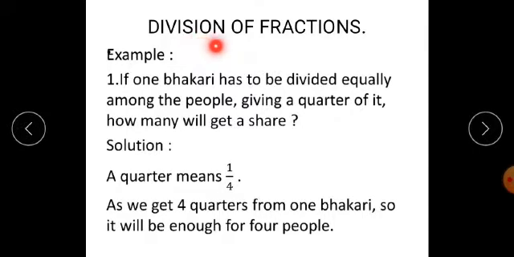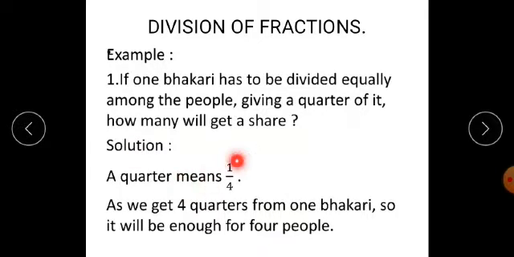Next concept, division of fractions. Example: if one bhakri has to be divided equally among people, giving a quarter of it, how many people will get a share?